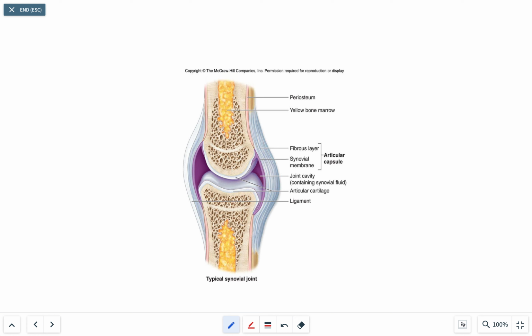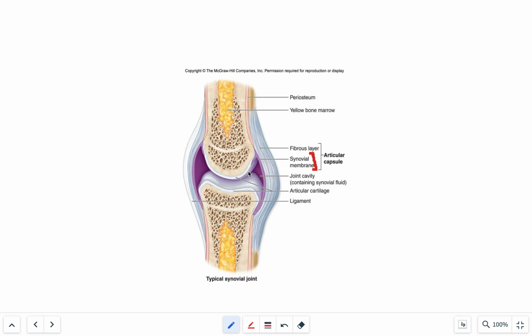So the most mobile joint that we have in the human body is called the synovial joint, and this is just a general picture of a synovial joint. One of the most important aspects of the synovial joint is going to be the synovial membrane. This synovial membrane is going to create a pocket that goes all the way around these two articulating bones, and it is going to produce fluid.